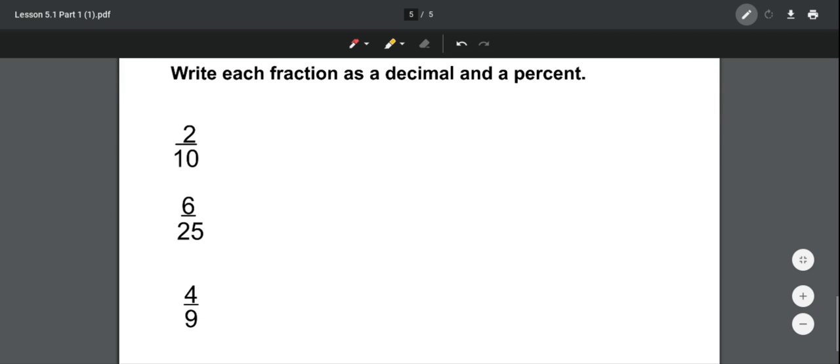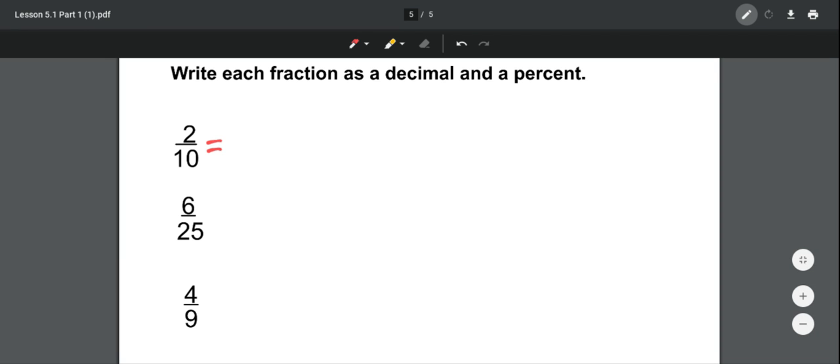Moving on to the next slide, we are being asked to change each fraction to a decimal, and then change the decimal to a percent. Remember, to change a fraction to a decimal, we divide the numerator by the denominator.